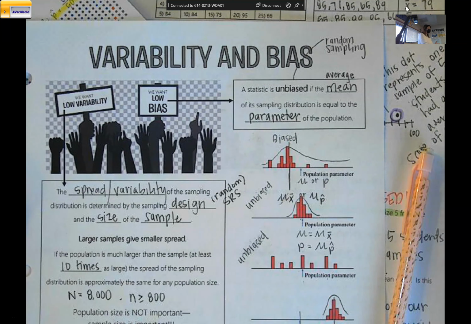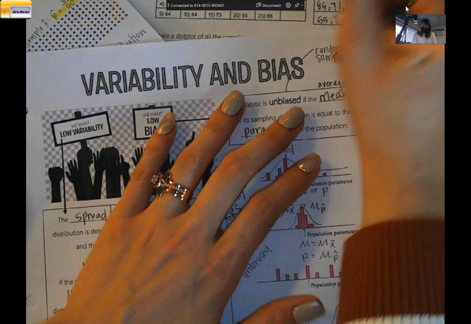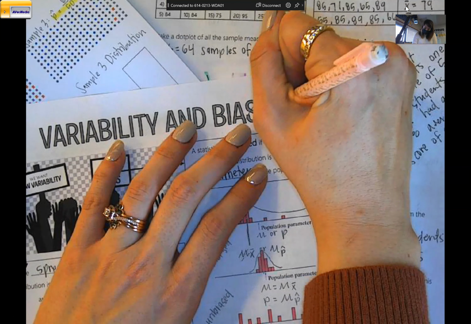It's either biased or it's not. You cannot reduce bias. You can reduce variability. Your distribution can be really spread out or really squished in, so you can reduce that. But bias is either a yes or a no. You cannot reduce bias. I'm going to write that in too.